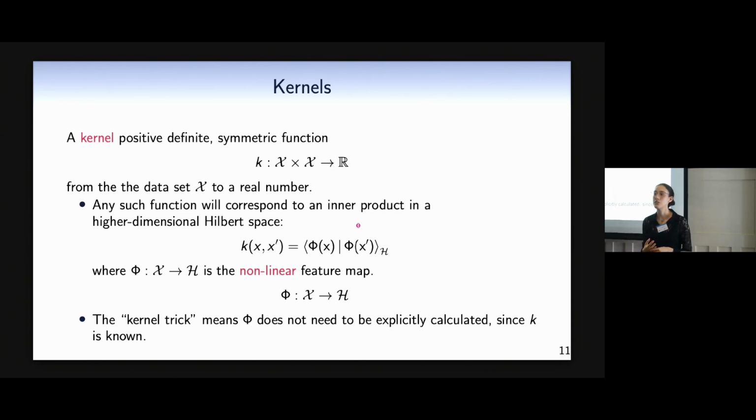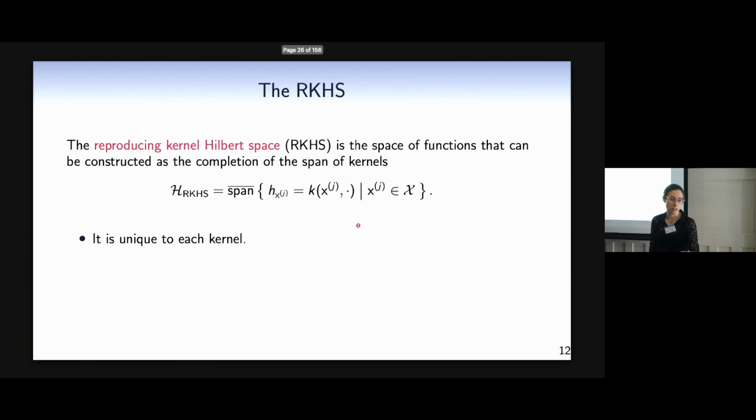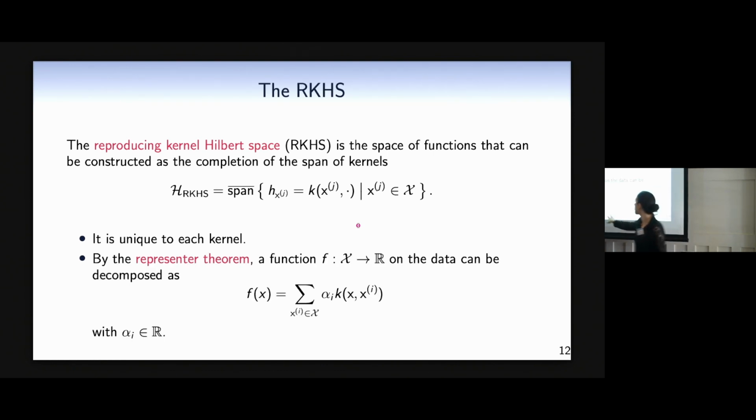They're all things that take in data points and give numbers. Exactly. But again, any function that's living in this Hilbert space will take this form, where now this x here is any future data point as well. I don't know if that helps.